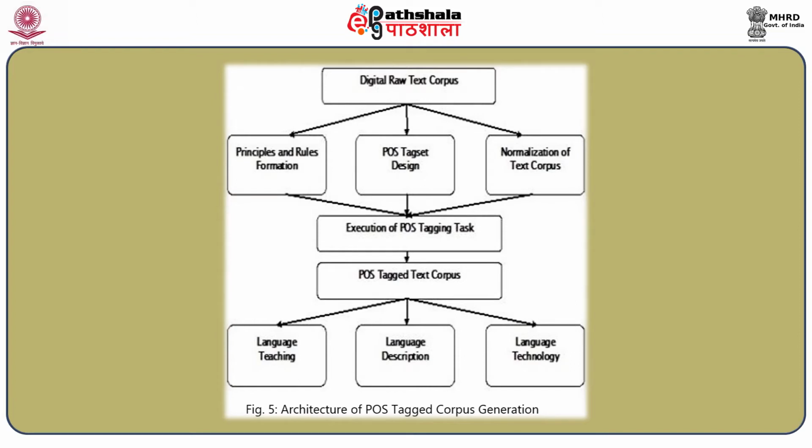First, we need to define the principles and rules of annotation, then normalize the text corpus. These are two important phases that have to be taken into consideration before the work starts. Then the POS tag set has to be designed, then the POS tagging is executed on the database, and then we get a POS tagged corpus.